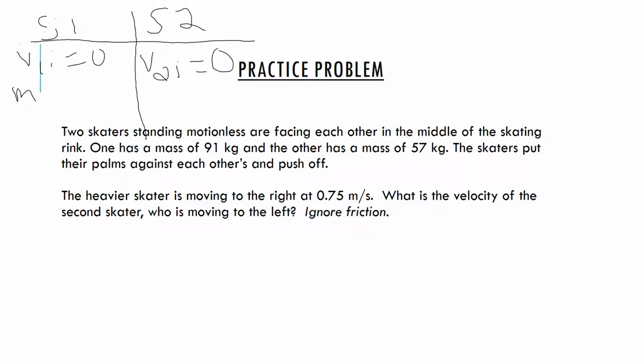So mass of 1 equals 91 and mass of 2 equals 57. The heavier skater is moving to the right, so that's going to be skater number 1. So skater number 1's final velocity, V1F, equals 0.75. And it wants us to calculate the final velocity of skater number 2.